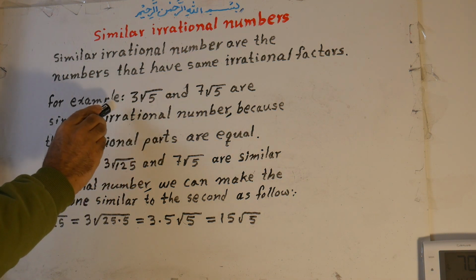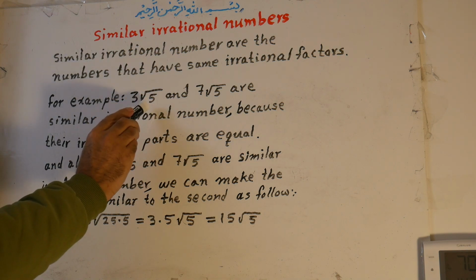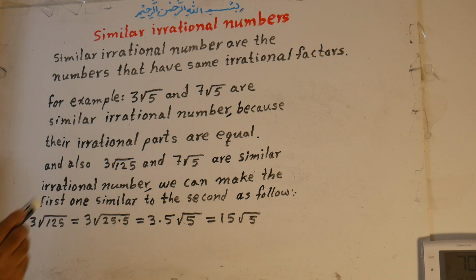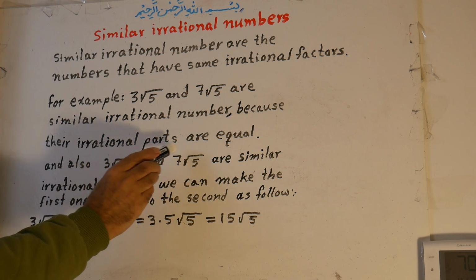It doesn't matter whether it is 3, 4, 5, any number, but the important thing is that the irrational parts must be equal to each other. We say that they are similar because their irrational parts are equal.